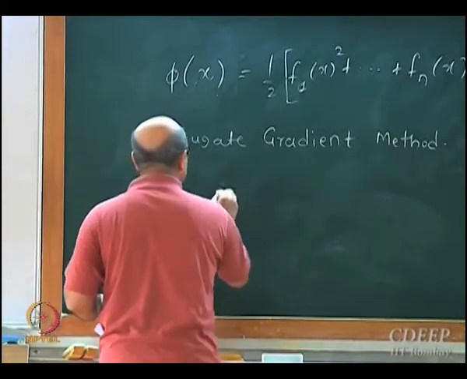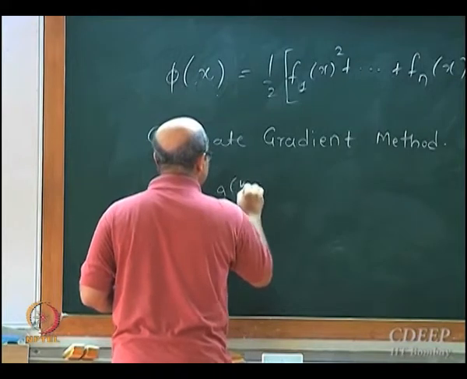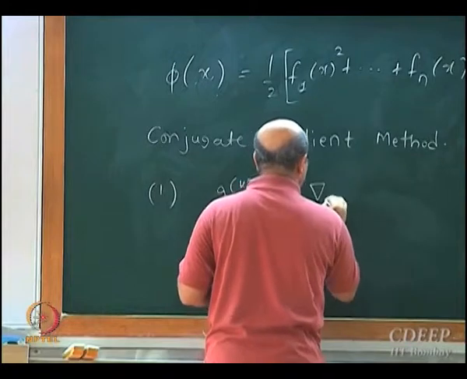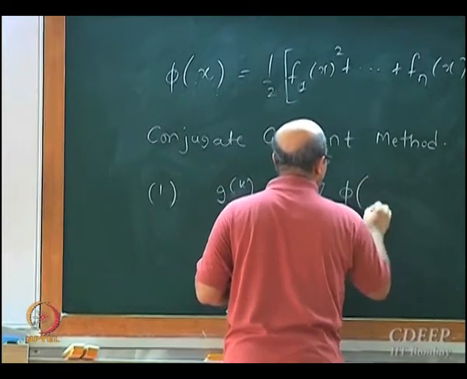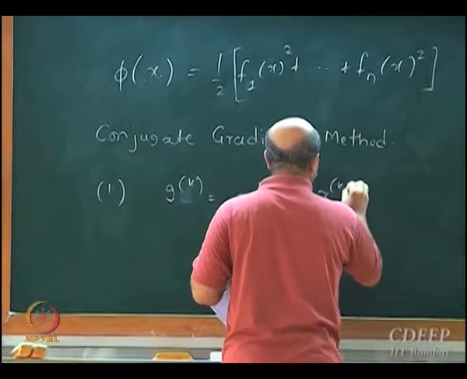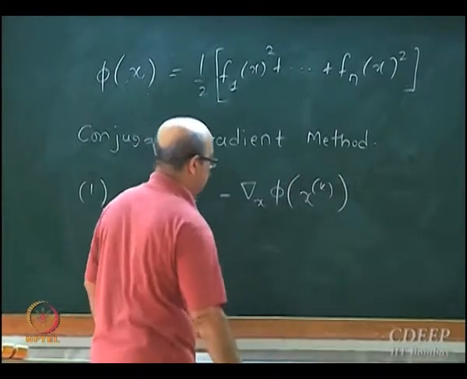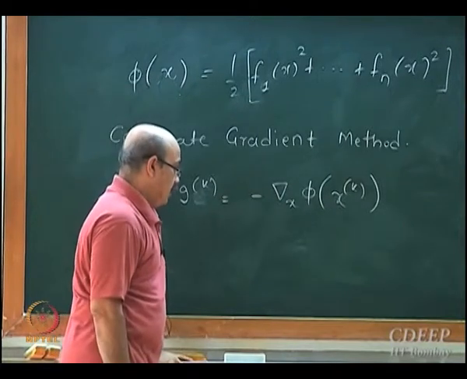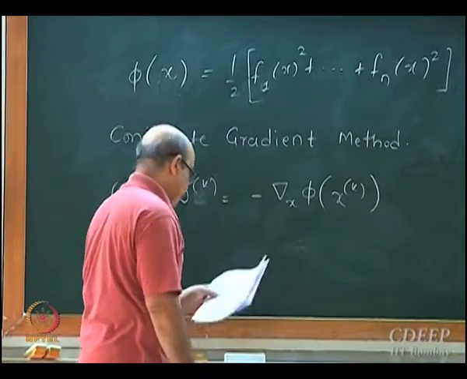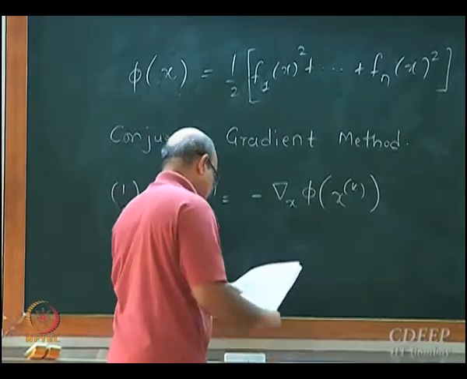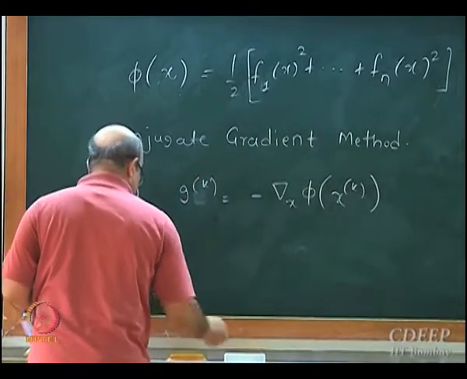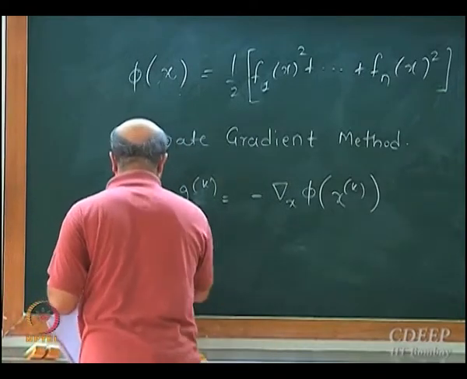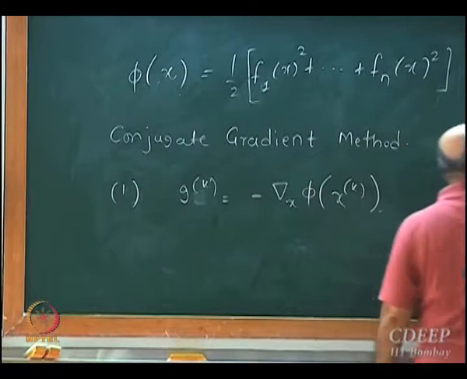So we need g_k, which is the negative of grad phi, the gradient of phi with respect to x. This is the direction. So this we have to compute at x equal to x_k, and what we do next, of course, is find the conjugate search direction.